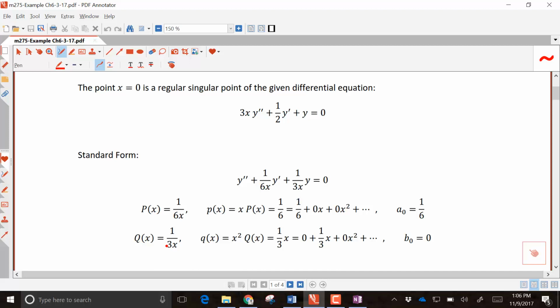We're going to multiply the capital P by x minus 0, because we're assuming that 0 is the point that we're looking at, and we'll multiply the capital Q by x squared. When we do that, we're going to get a constant function.